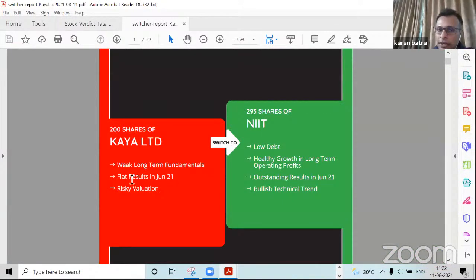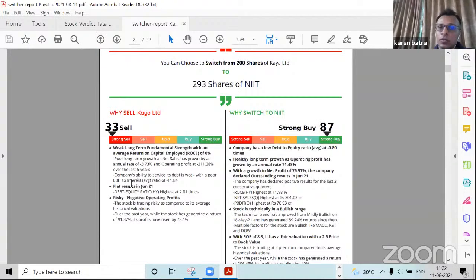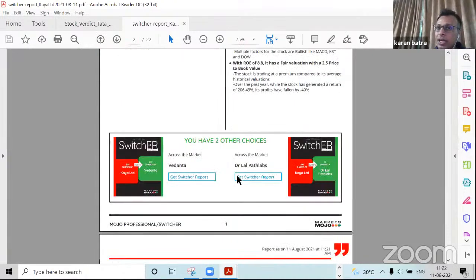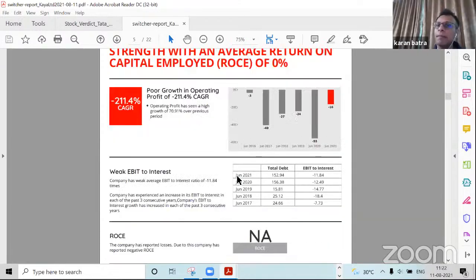Kaya is weak long-term fundamentals, flat results, risky valuation, while on the same hand, NIIT is healthy growth in long-term operating profit, outstanding results in June, and a bullish technical trend. Why Kaya is a sell and why NIIT is a buy with a score of 87. Again, when you go down, each factor will be displayed much more detailed. So it's a comparative report.